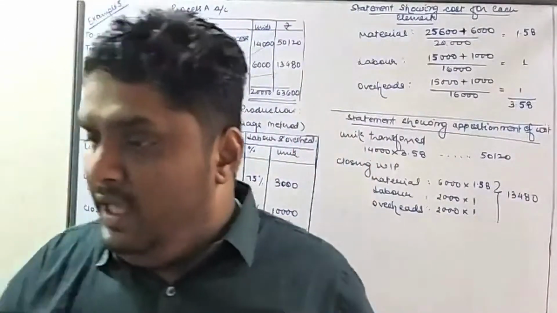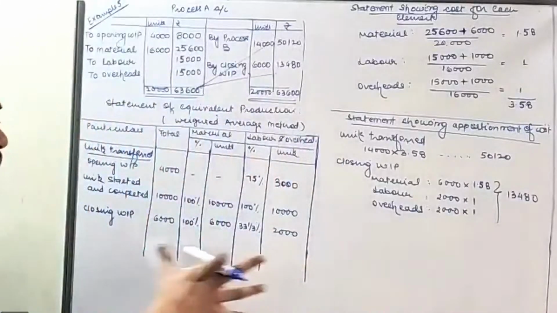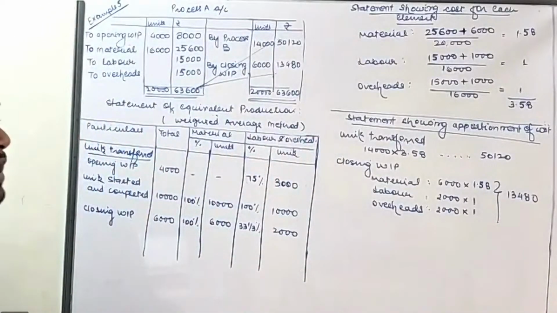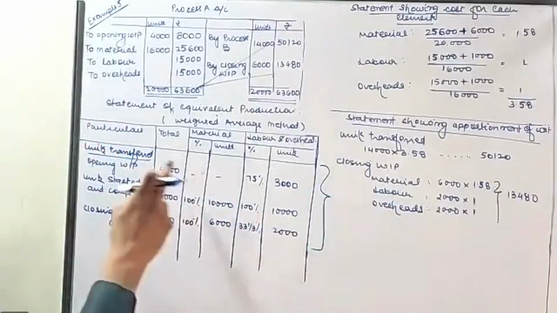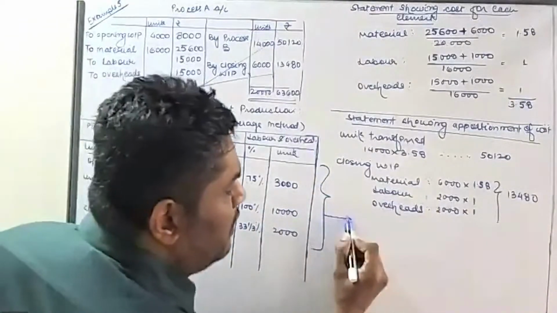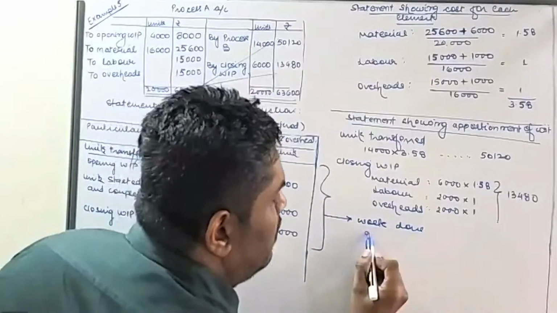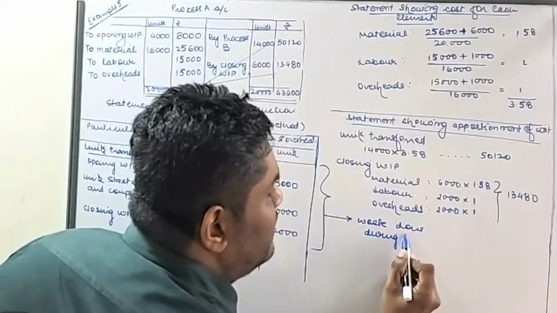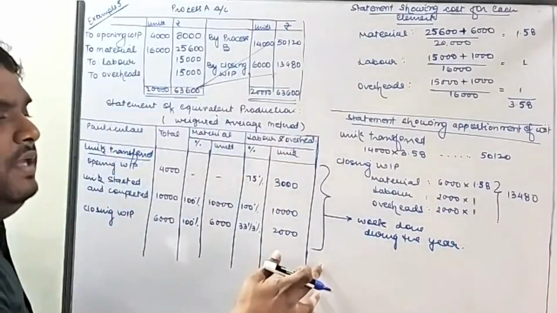Correct? Anyone having any doubts, guys? So this was the statement we prepared as per FIFO. Now, till here, it represents what? The work done during the year.